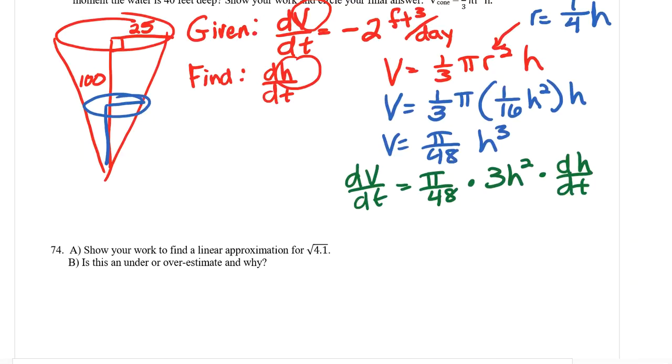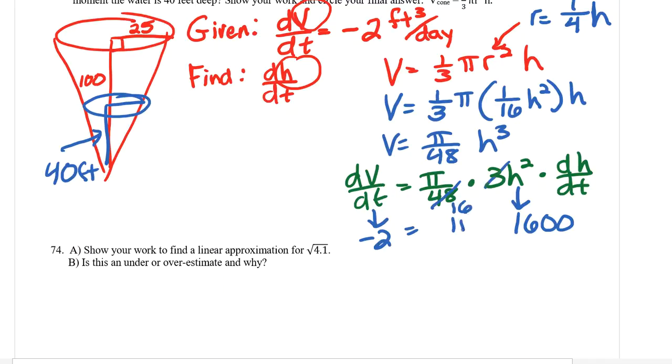And now our specific case is when the height of the water is 40 feet. So when we square it, that will be a 1600. Our dV/dt was given. And here I could cancel the 3 with the 48 to make this a little simpler. Pi over 16.